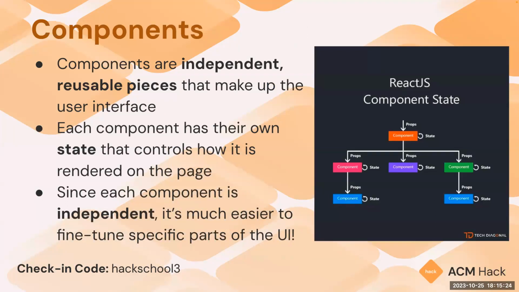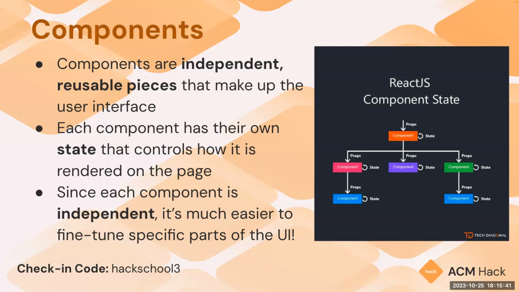Okay, so I'm going to be going over just simply React components first. Components are essentially parts of a web application that you can reuse. They're also independent, so they have their own state.